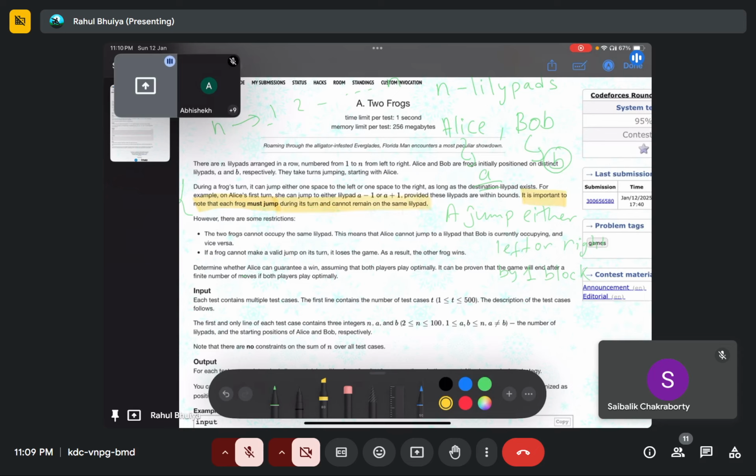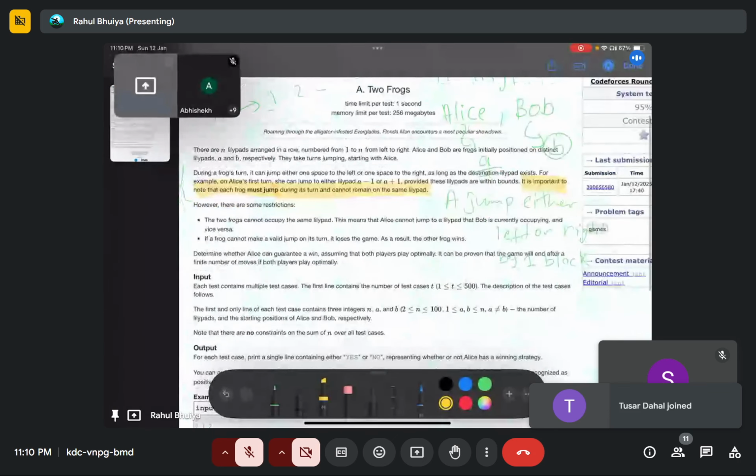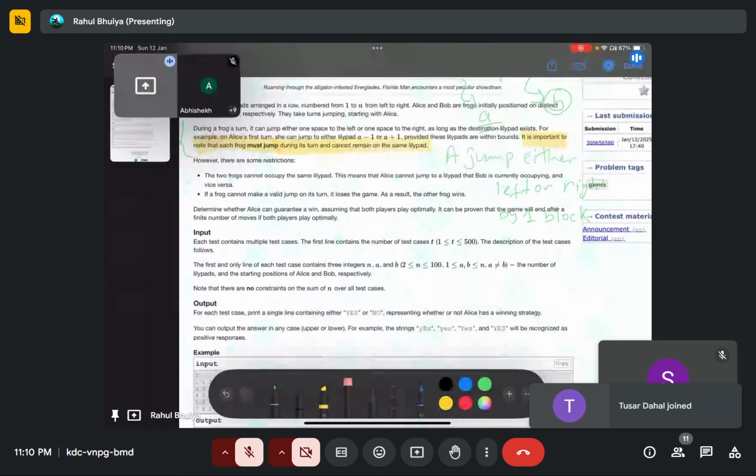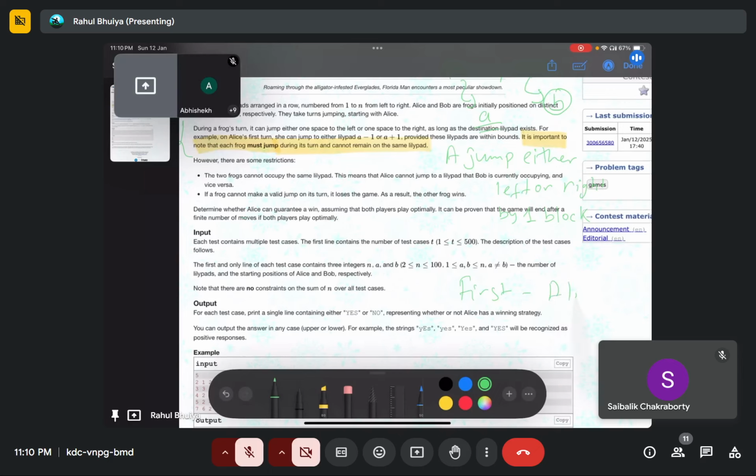That means you cannot remain in the same lily pad for the next jump. It can be minus one or plus one: if it is left, then minus one; if it is right, then plus one. It cannot be zero. It is also said that the first turn will be Alice, then the second turn will be Bob, and so on, Alice, Bob, in this manner.